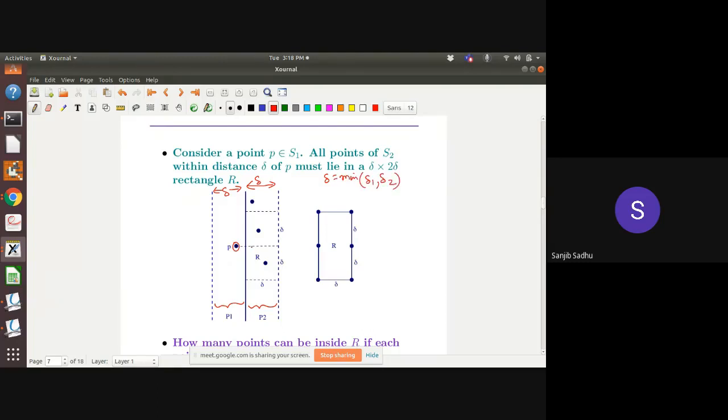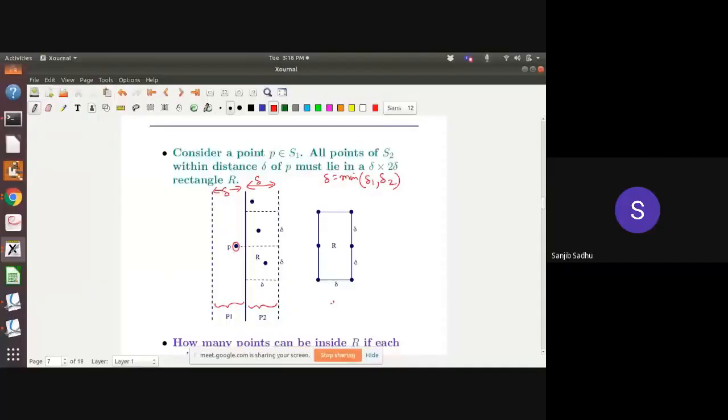Now you consider a window of size delta by 2 delta. You see, this is the window. You check this rectangular window. Its size is delta by 2 delta.